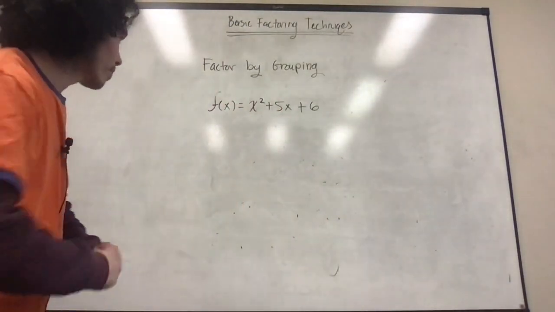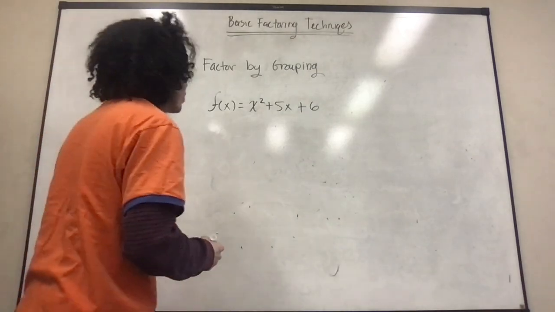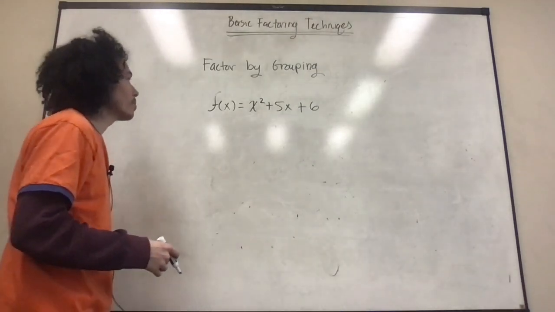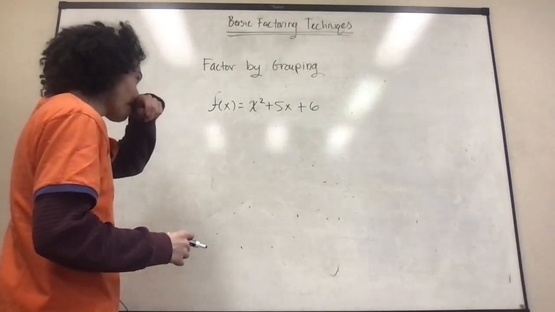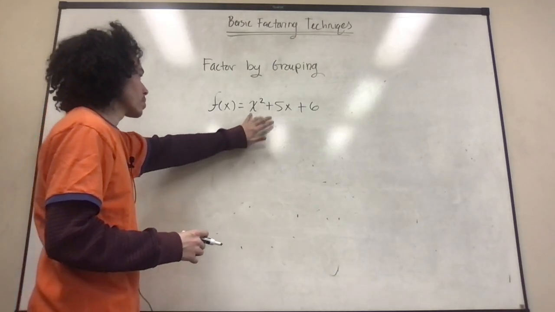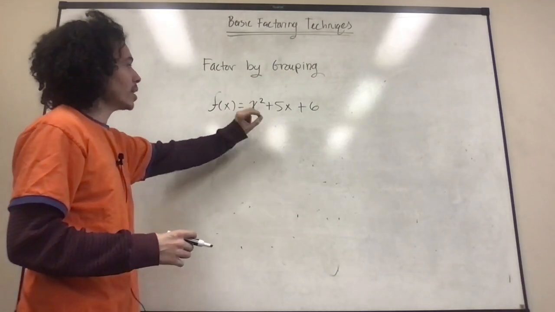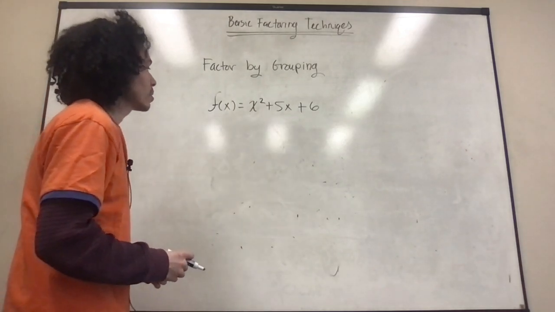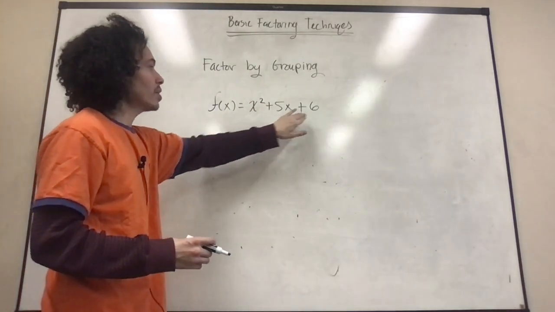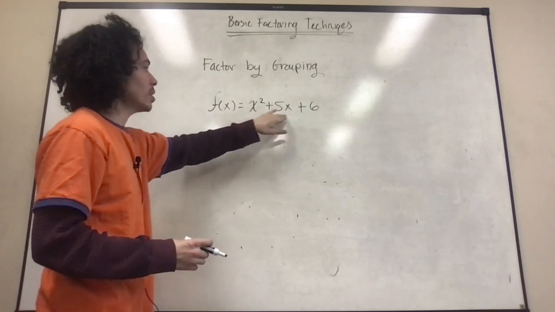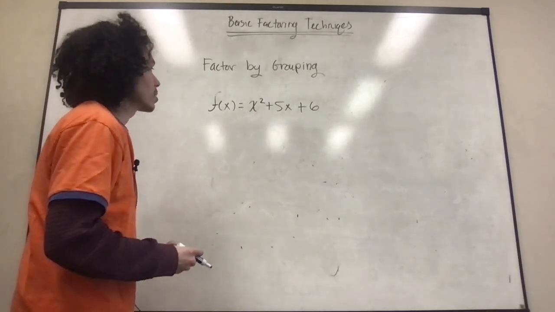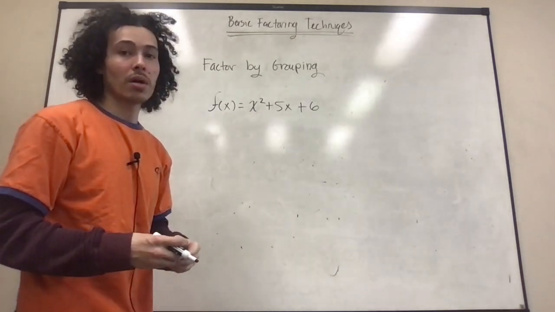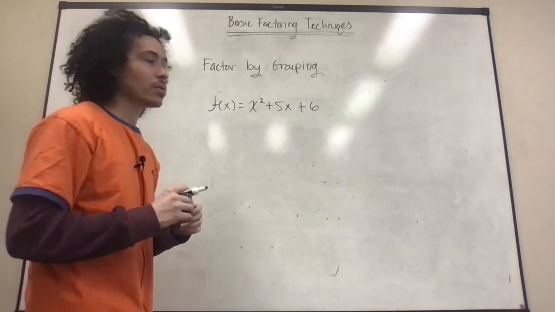Okay, so the first thing we do is we look at it. Is there any number from which you can divide every single element in this function that would give you a neat whole number?